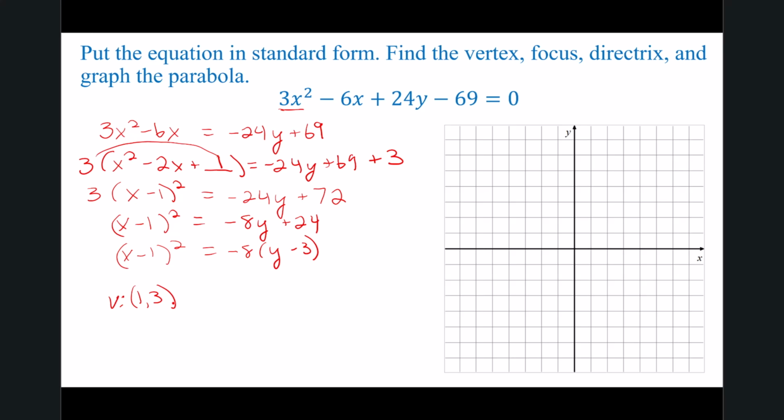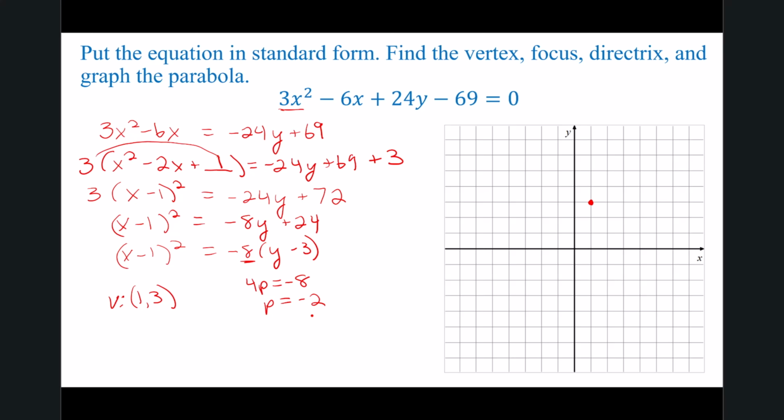If I put that on the graph, (1, 3). Then this number is negative 8, so 4p equals negative 8, which means p is negative 2. So the focal length is 2, and the focus is going to be 2 away from that vertex in the negative direction.